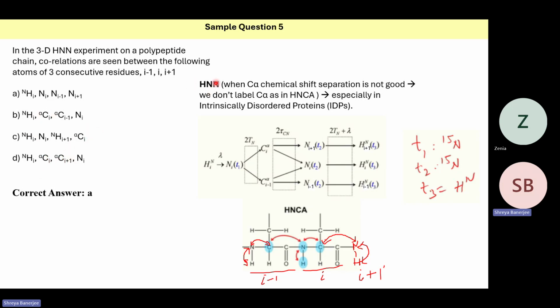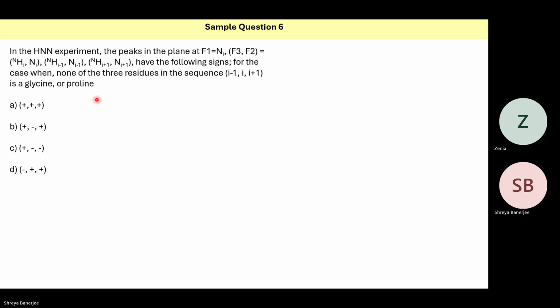But in HNN, no carbon is being detected. It's only the hydrogen and the nitrogens. So if you look at option A, the amide hydrogen of the ith residue, that is what we start with, and the nitrogens of I minus 1 and I plus 1, that is shown here. So the correct answer is option A.